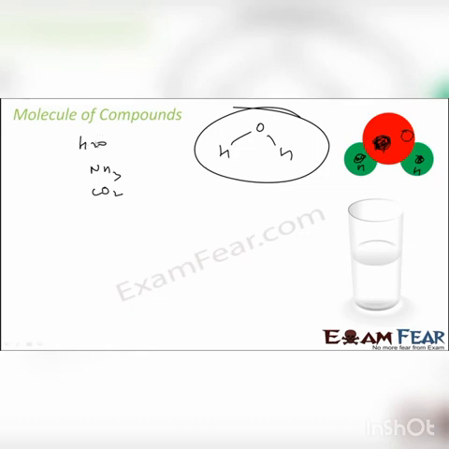And they combine in a fixed proportion. For example, in this case 1/8, ammonia 14/3, carbon dioxide 3/8, and this is a ratio by mass.